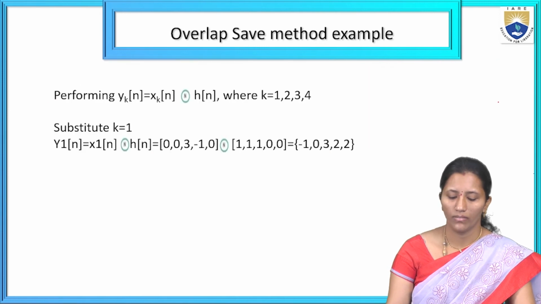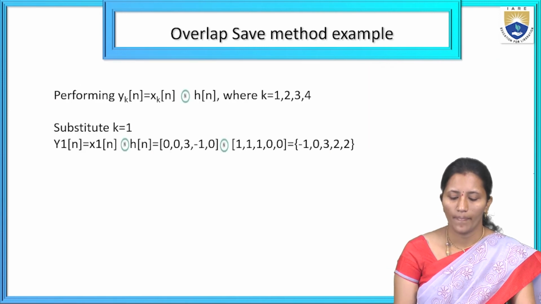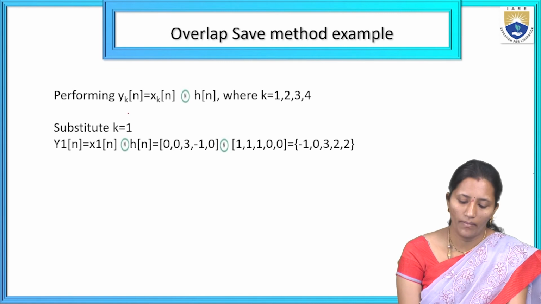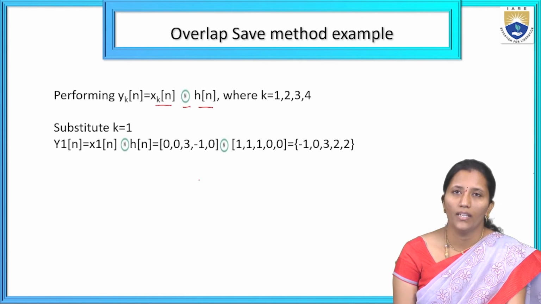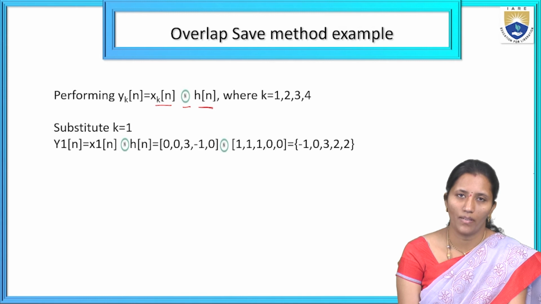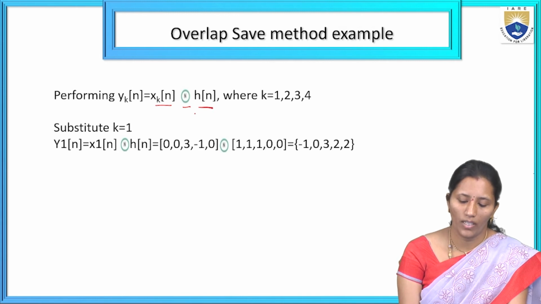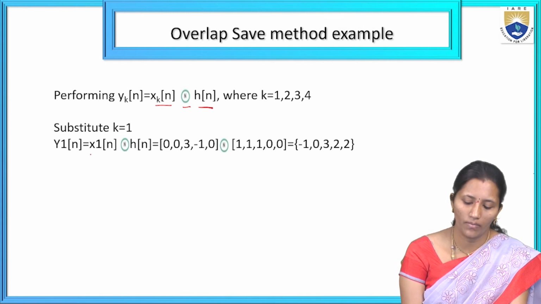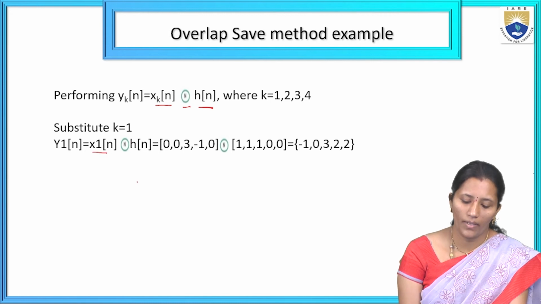Otherwise, we can do it here by yk of n equal to xk of n circular convolution with the h of n. We have to convolve each individual block with the impulse response of the system h of n. So here, if we substitute k equal to 1, the first segmented block x1 of n is circularly convolved with h of n.